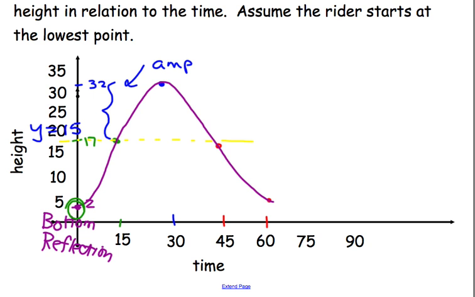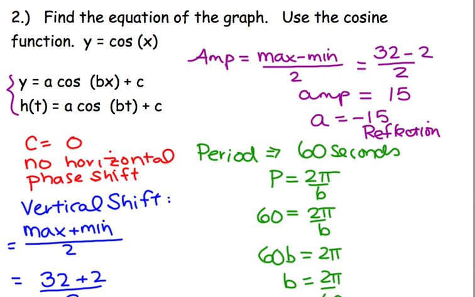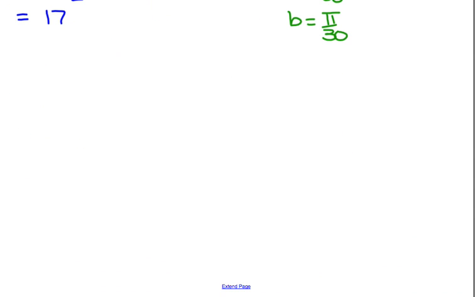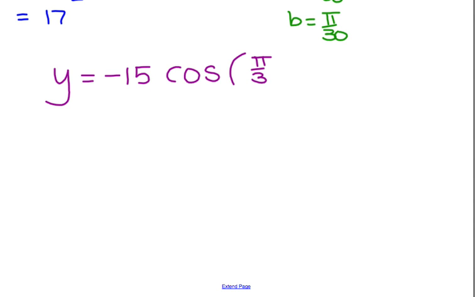All right, let's go ahead and write the equation. So our equation for our cosine function, our amplitude was 15, but there was a reflection, so negative 15 cosine of our B value, which we found to be pi over 30, x, there was no phase shift, plus 17.